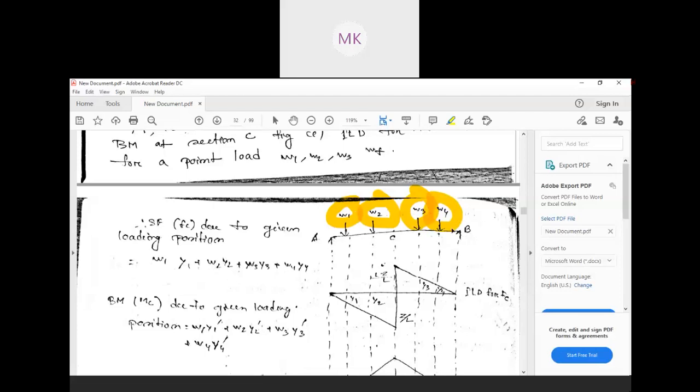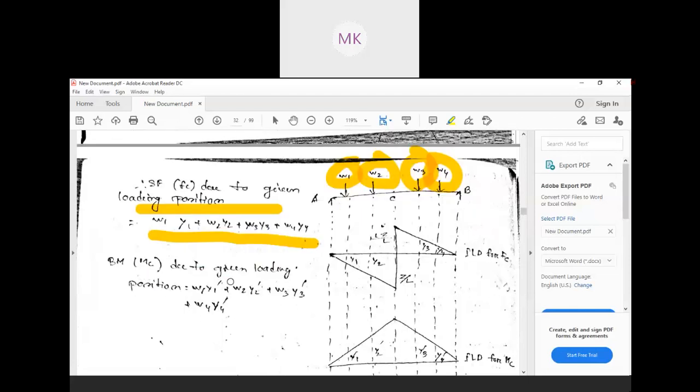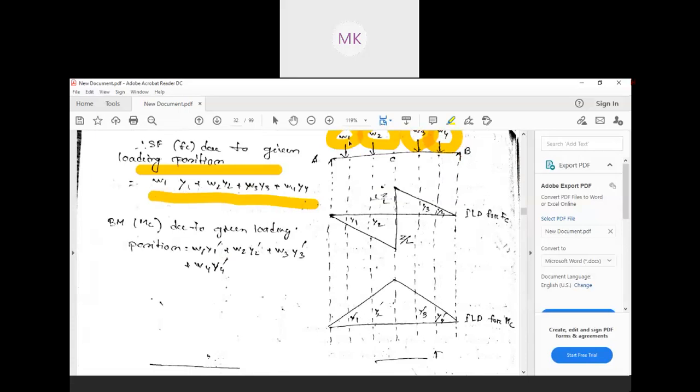This will give you the shear force at point C for all four point loads. Similarly for bending moment, again the same: W1 into Y1 dash, Y2 dash, Y3 dash, Y4 dash.